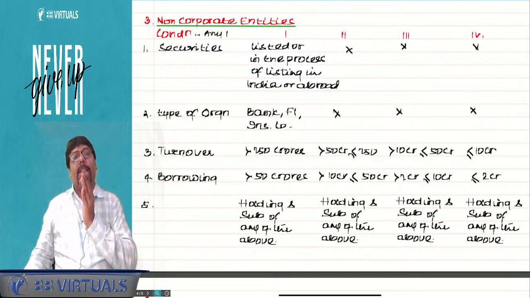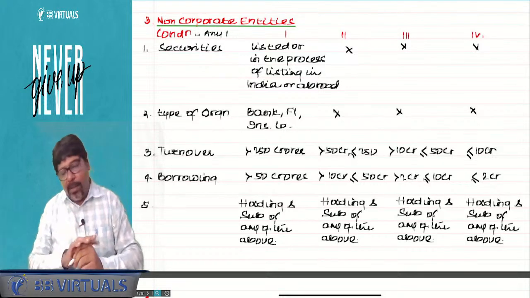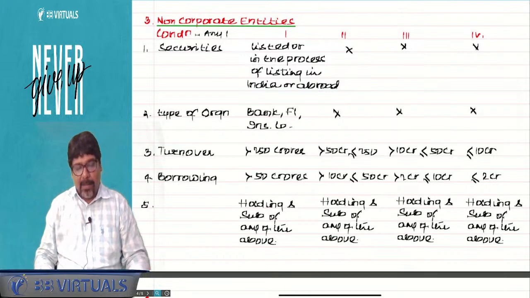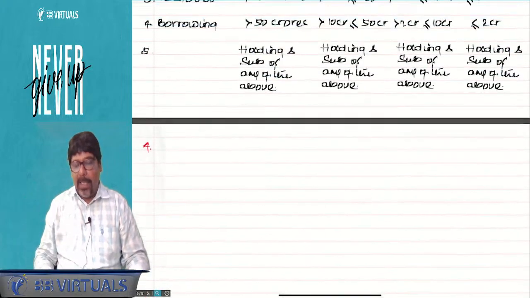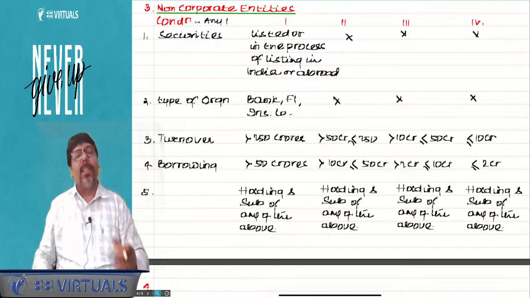Then level 3 is 10 to 50 and 2 to 10. I'm sure you would have understood by now. Turnover and borrowing, simple. And that holding and subsidiary also understood. Holding or subsidiary, whichever has a higher rank, both will be in that higher rank. Correct.